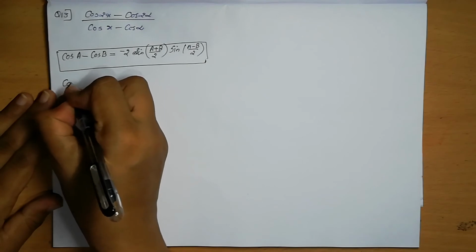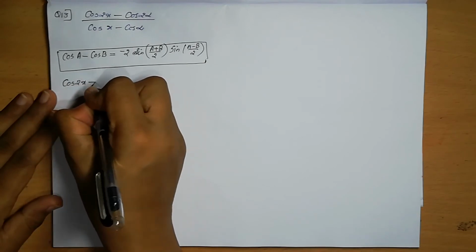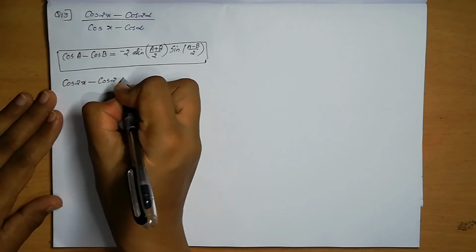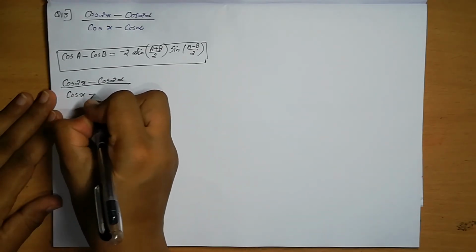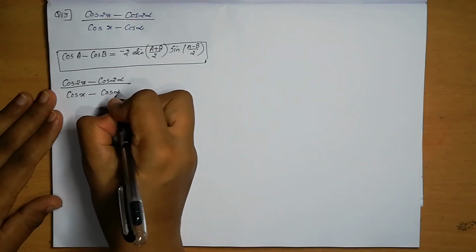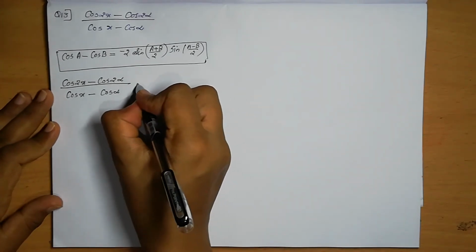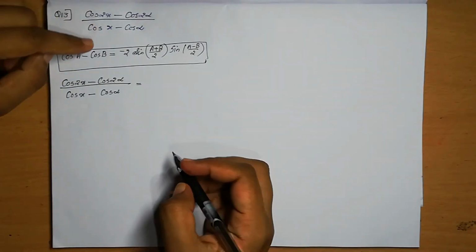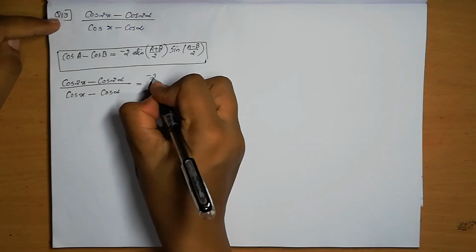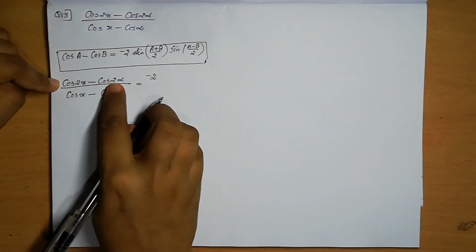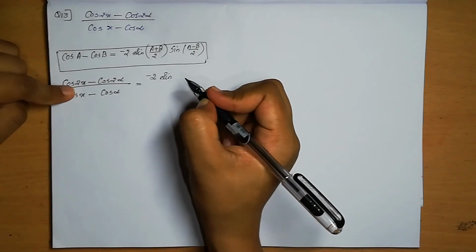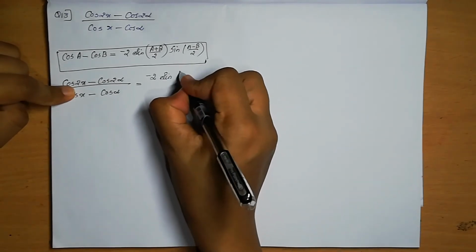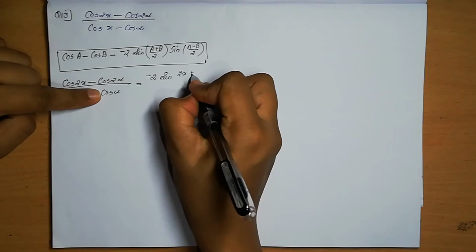So cos 2x minus cos 2 alpha divided by cos x minus cos alpha equals, this is in the form of cos a minus cos b, so we can write it as minus 2 sin a plus b by 2 sin a minus b by 2. Here a means 2x and b means 2 alpha.